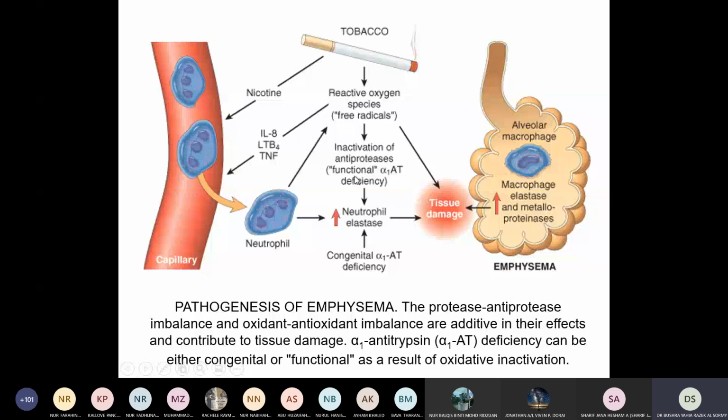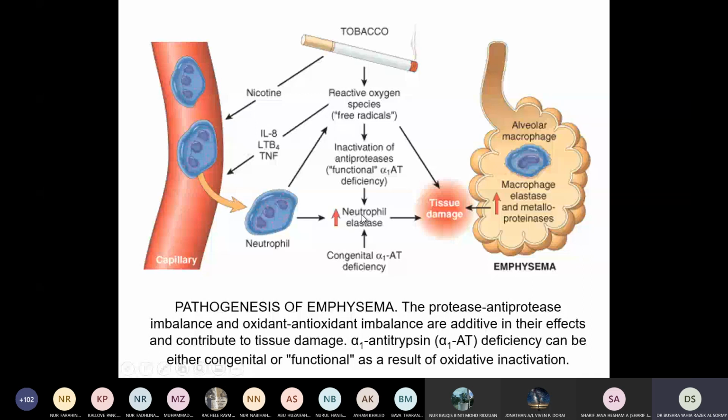We call this functional alpha-1 antitrypsin deficiency, because we have congenital and functional. Congenital, usually there is deficiency of the alpha-1 antitrypsin. Functional deficiency is due to the free radicals of smoking, so it leads to increased neutrophil elastase.